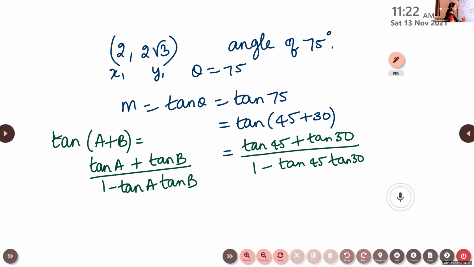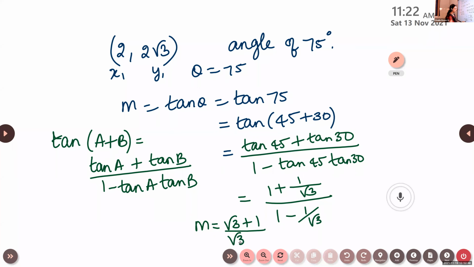Tan 45 is 1, so 1 plus 1 by root 3 by 1 minus 1 by root 3. Then take the LCM, simplify and check whether you are getting m as root 3 plus 1 by root 3 minus 1.